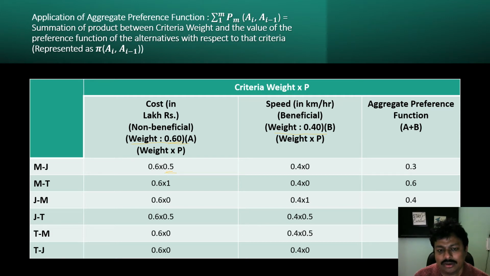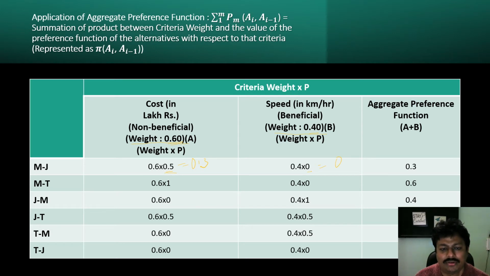So there was 0.5 and we multiply it with the weight of cost 0.6, right? So it becomes 0.3. And in case of speed for m minus j it was 0 as it was a negative number. So that is why we just multiply the weight 0.4 of the criteria with the preference value. But as the preference value was 0, this becomes 0.